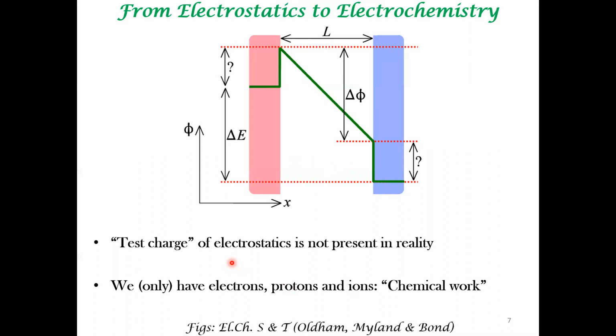So we will introduce this very important notion of electrochemical potential to address these complexities. But right now, you just need to have an appreciation that there are these additional complexities that arise when you move from electrostatics to electrochemical systems.